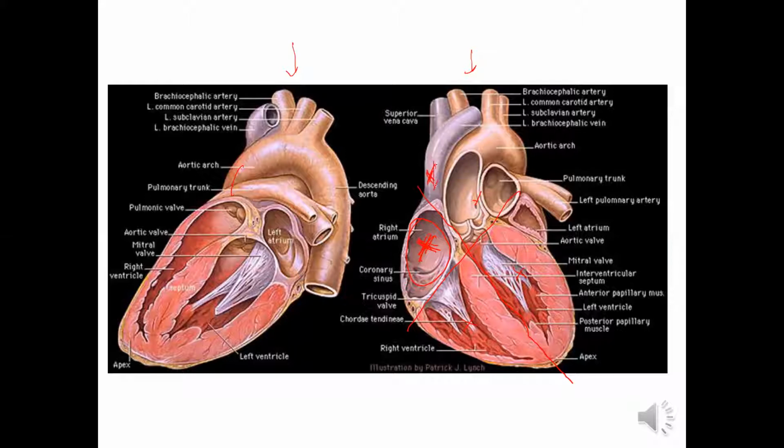And the superior vena cava drains deoxygenated blood from the head, the arms, and the upper torso, and enters into the right atrium. Doesn't show it on this picture, but there's an inferior vena cava that drains deoxygenated blood from the legs and the lower torso, and that comes into the right atrium.